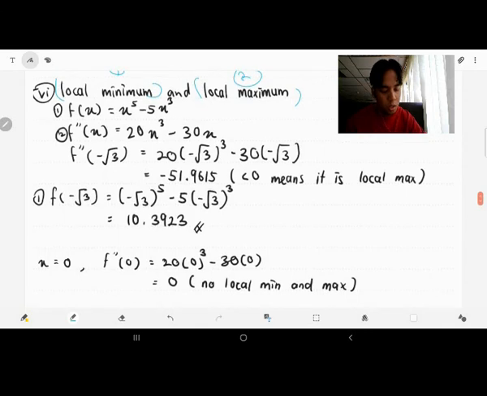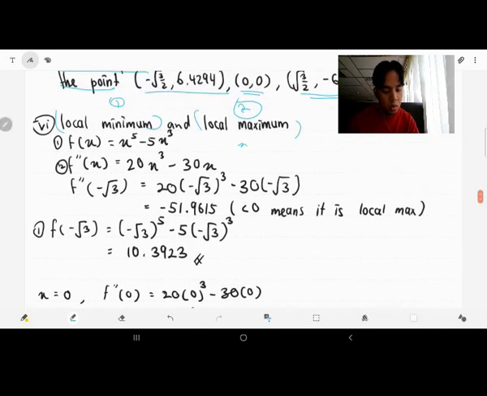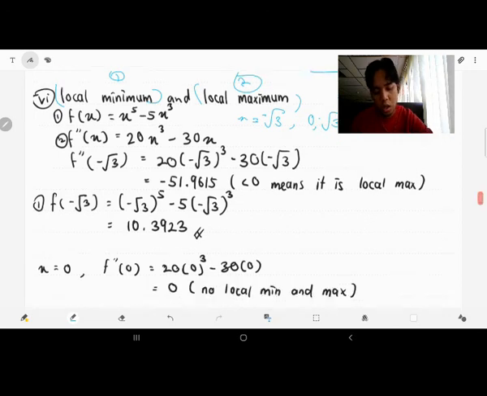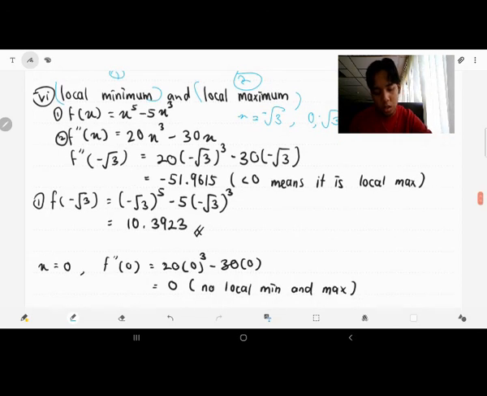So we just substitute x equal to negative square root of 3, 0, and square root of 3. For x equal to negative square root of 3, we get negative 51.69615, which means that it is less than 0, and it shows us that it is a local maximum point.